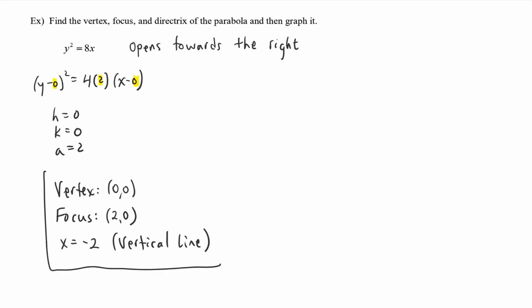All right, so there are the 3 things they asked for. Then they said to graph it. So let's go ahead and graph it real quick. We'll graph it a little bit quicker this time.